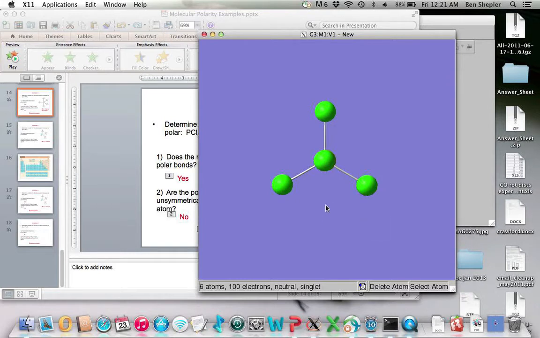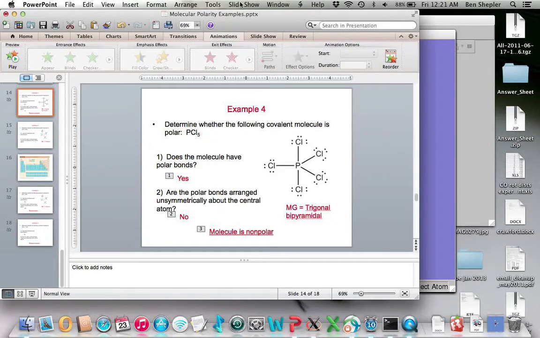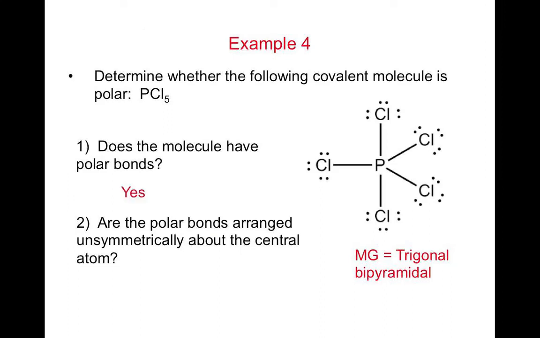Those are going to cancel out. The 2 on my axis, they'll cancel each other out. So the molecule is symmetric. It's not an unsymmetric arrangement. And so I do have polar bonds, but I have a symmetric arrangement of the electronegative atoms around the central atom, and so the molecule will be nonpolar.